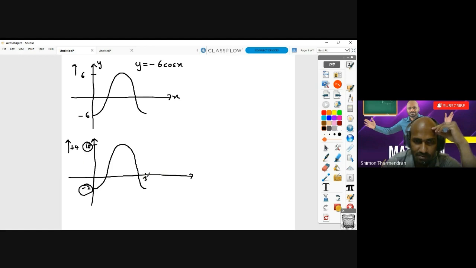So this is one full cycle. This is 360. And then dividing here at 180. And somewhere around the halfway point here. What is the halfway point of this?